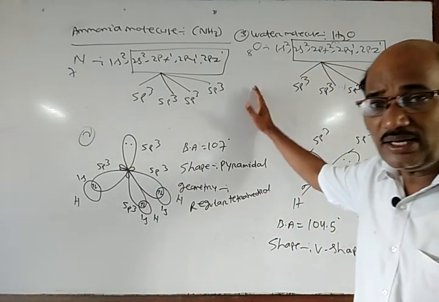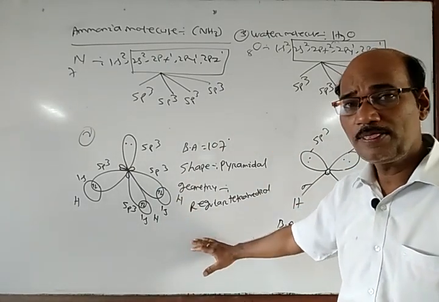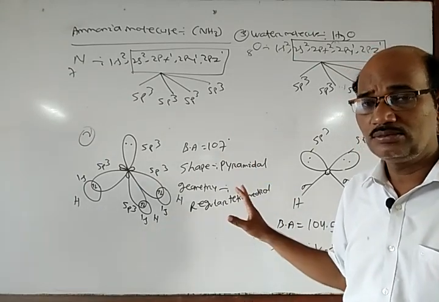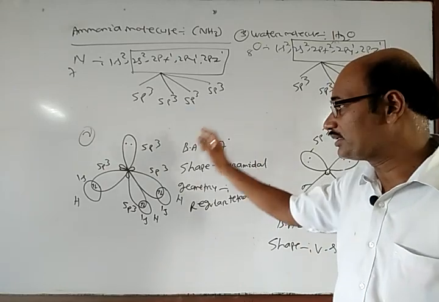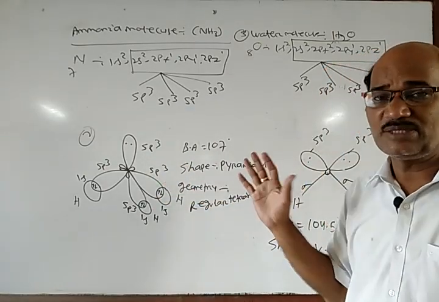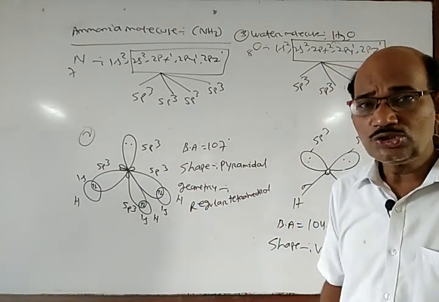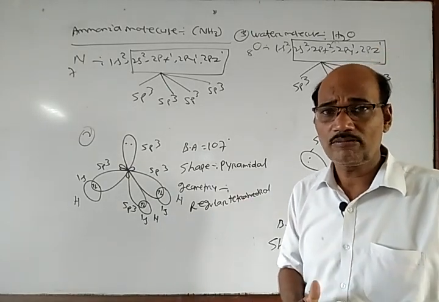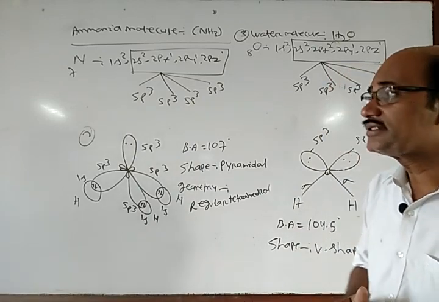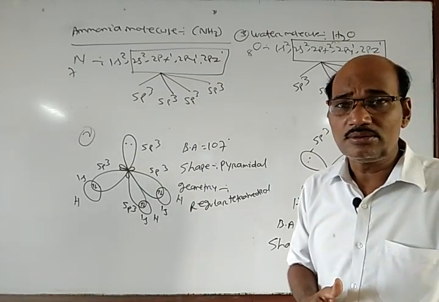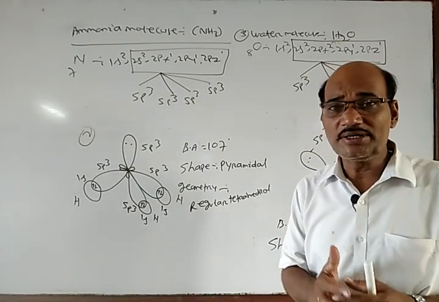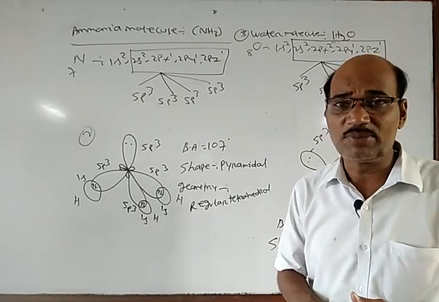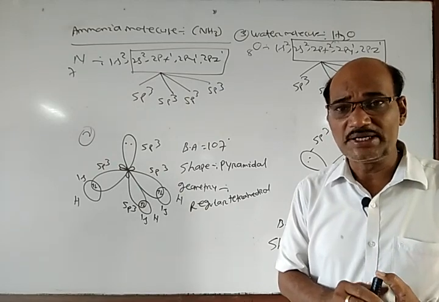Okay. So if you compare methane, ammonia and water molecules, in all the cases the central atom, carbon, nitrogen and oxygen, is sp3 hybridized. So the geometrical arrangement is a regular tetrahedron, but the shape and the bond angle are different. In methane, the bond angle is 109.5 degree, shape tetrahedral.